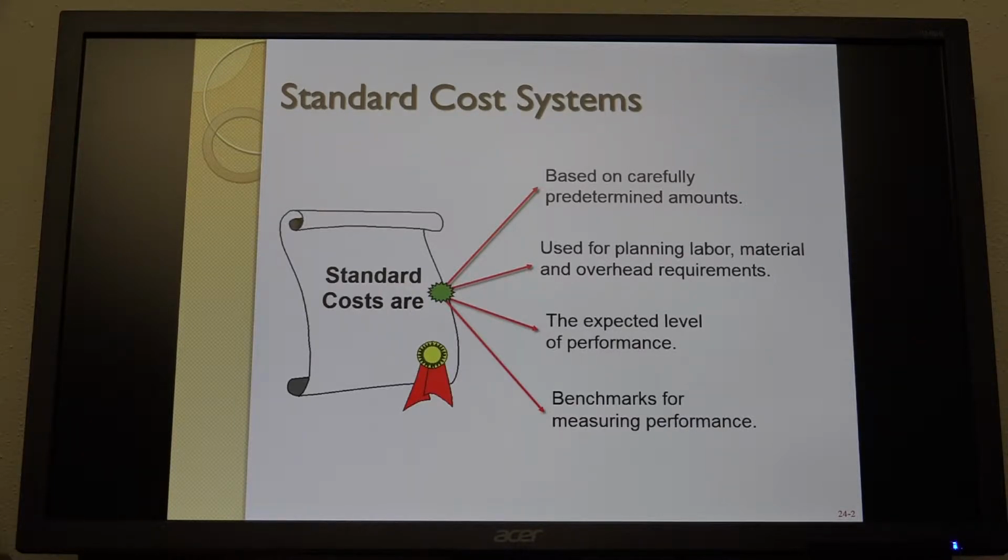And so these standard costs are based upon carefully predetermined amounts. They're used for planning labor, material, and overhead requirements.